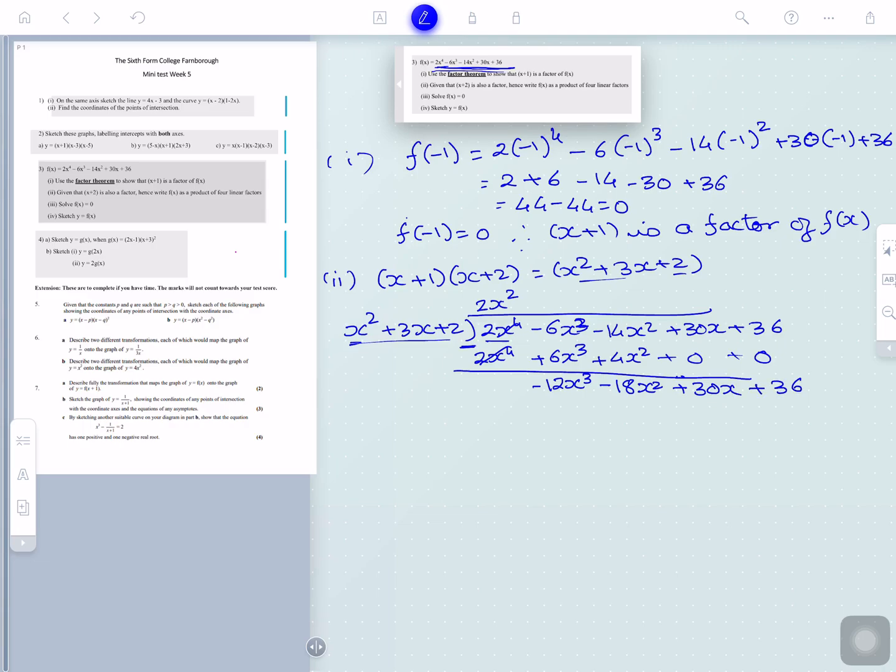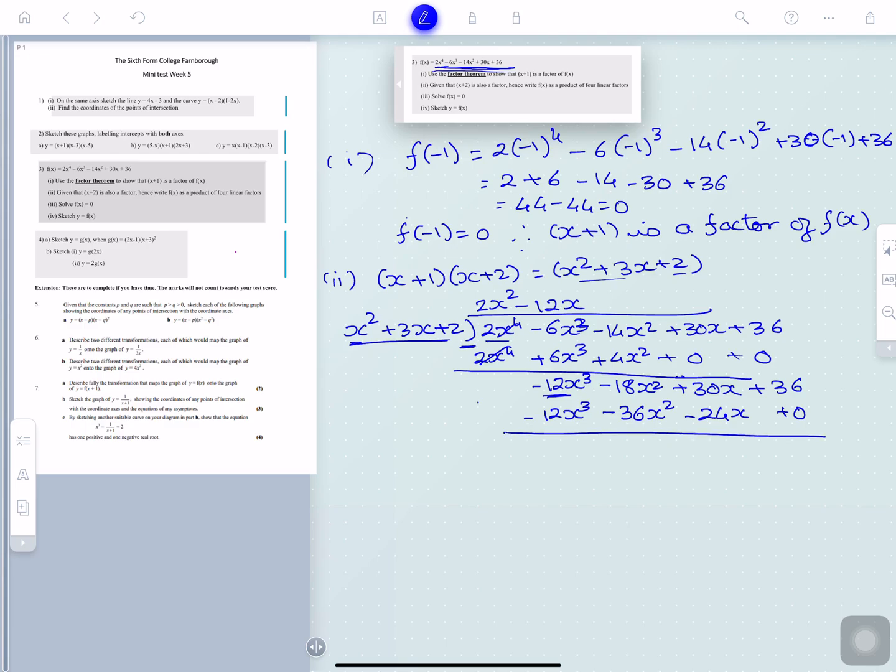Okay, then what will I times x squared by to get minus 12x cubed, which will be minus 12x. So times all this by minus 12x. So that will be minus 12x cubed minus 36x squared minus 24x, and put plus 0 there.